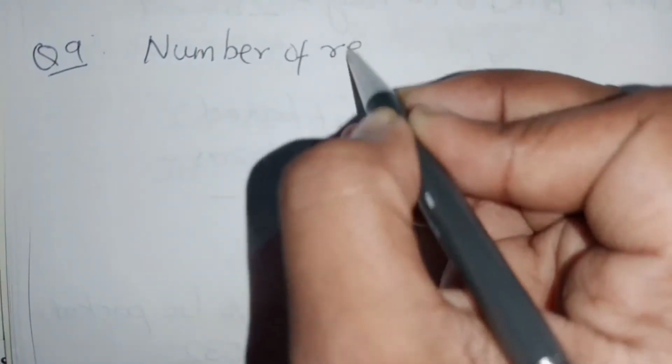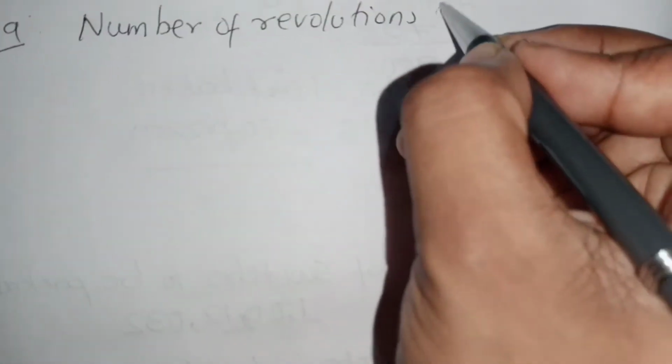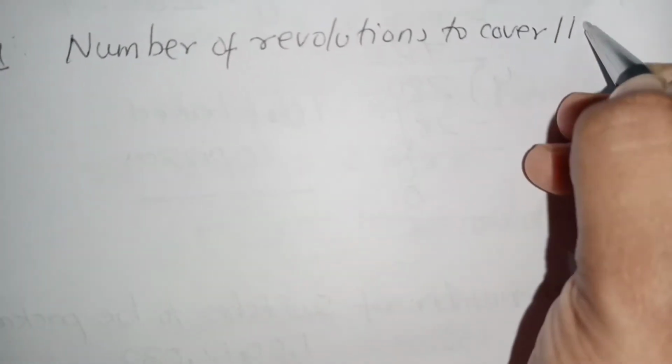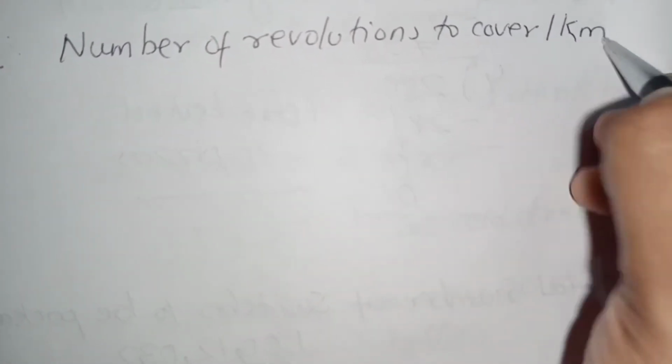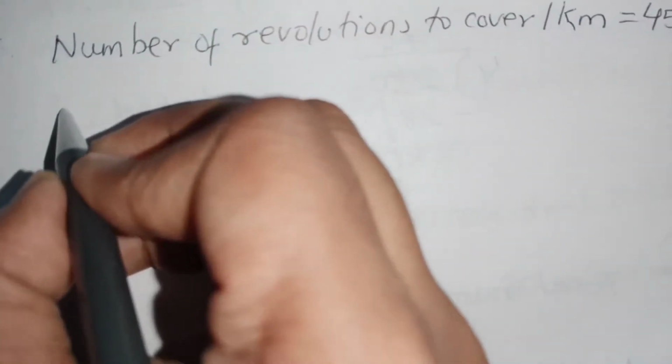Number of revolutions to cover 1 kilometer. Km means kilometer. So how many revolutions? 450.